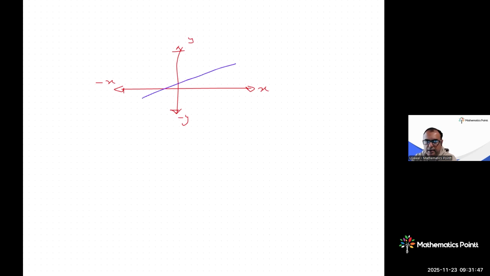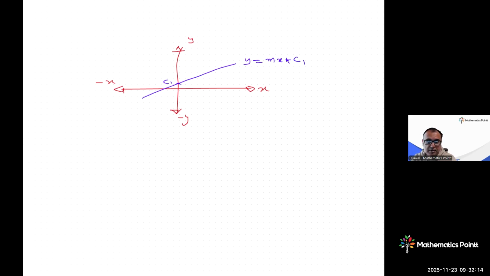And let's say the equation of this line is y equals to mx plus c1. M is the slope. Remember from the last week, M is the slope and C1 is the y-intercept.